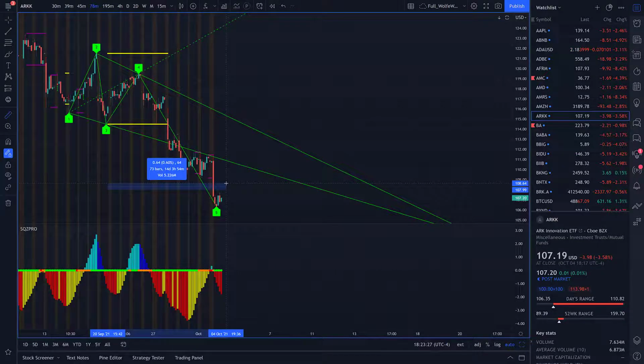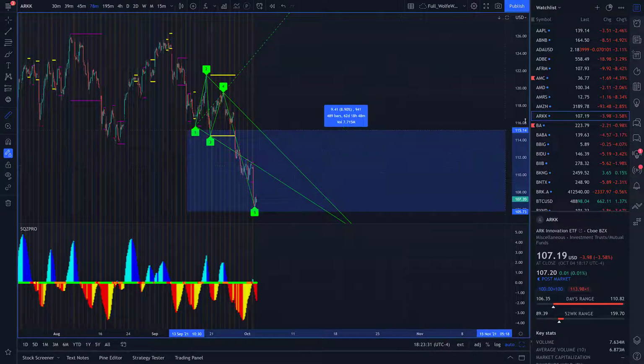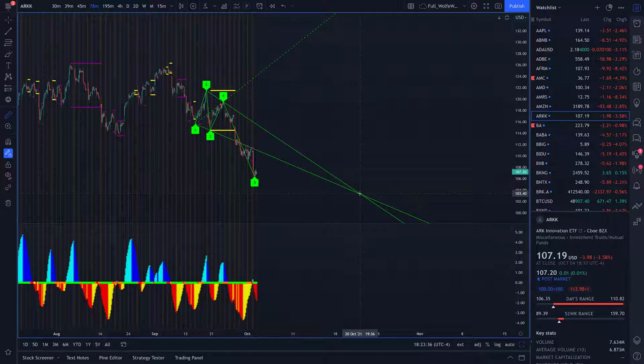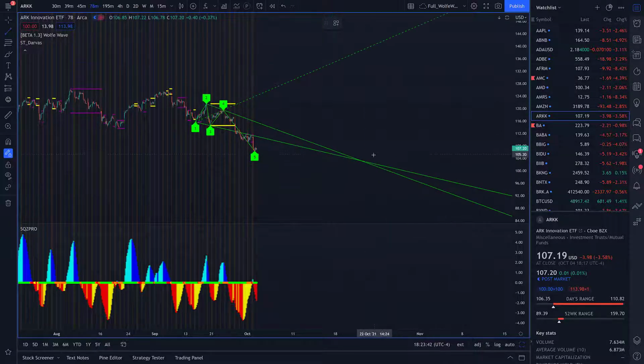And when you zoom out and get the full form of the Wolfe wave, you can draw that vertical line from the apex to here, to the projected line, and that's giving you around $138 after October 20th.